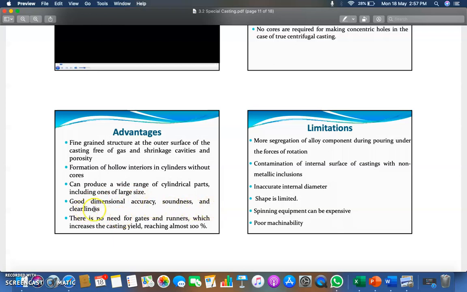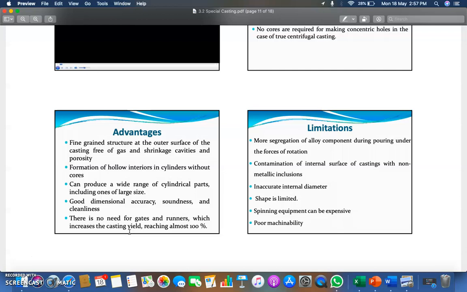Soundness and cleanliness. There is no need for gates and runners, which increases the casting yield to almost 100%. Casting yield is the percentage of material utilized in the original parts.